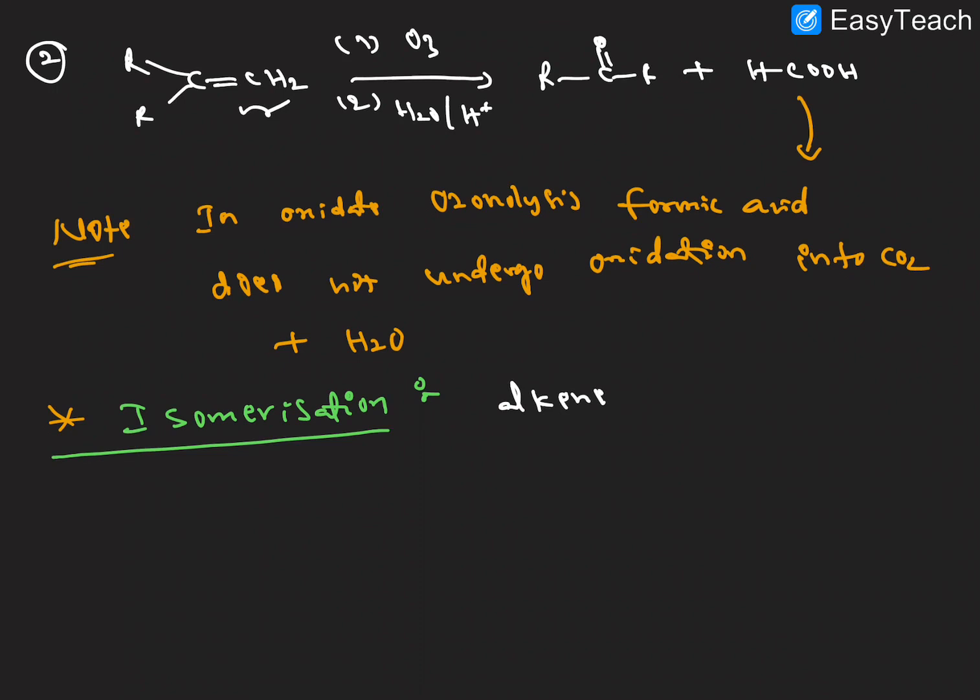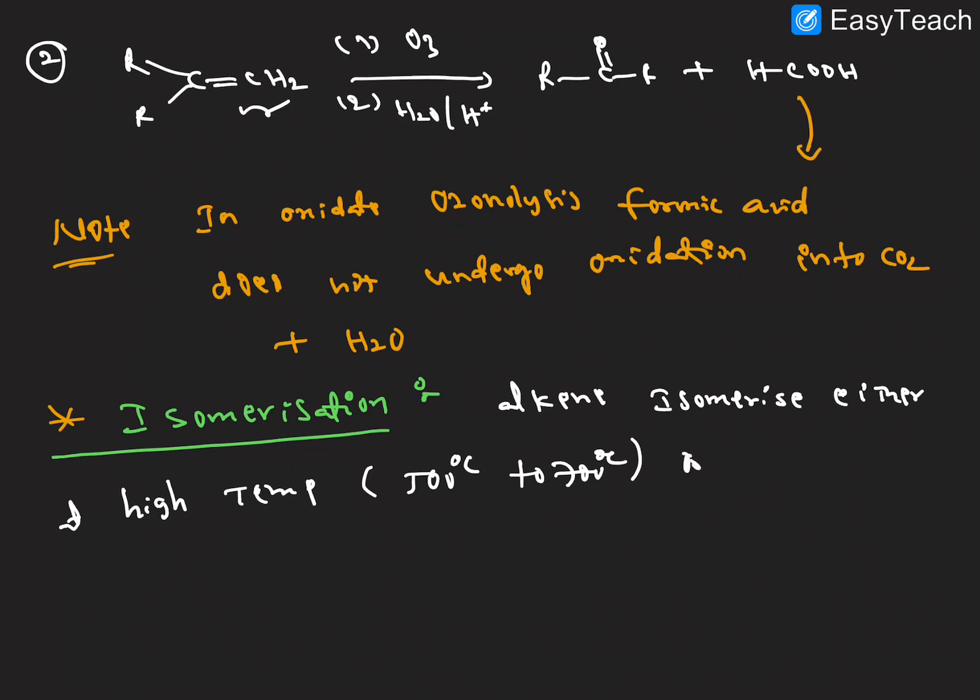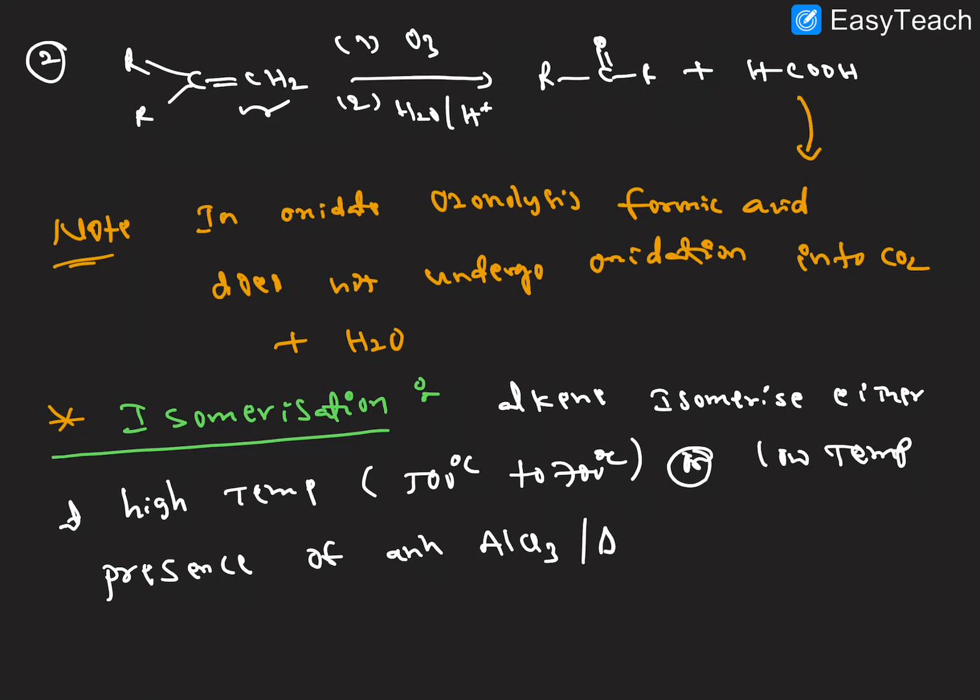So here alkenes isomerize either at high temperature, that means 500 centigrade to 700 centigrade temperature, or at low temperature in the presence of anhydrous AlCl3 with heating. The alkene isomerization occurs at high temperature or in the presence of anhydrous aluminum chloride.